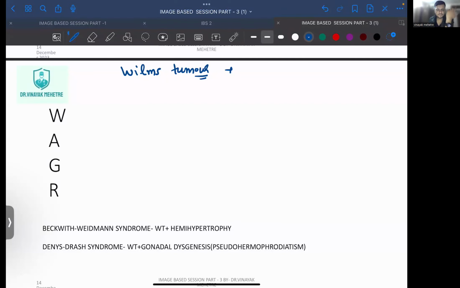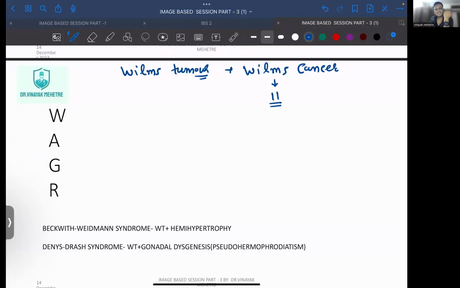Remember it like this: Wilms cancer. How many alphabets are there? It is 11. So chromosome number 11, right? Alphabets are 11, so the answer will be 11.